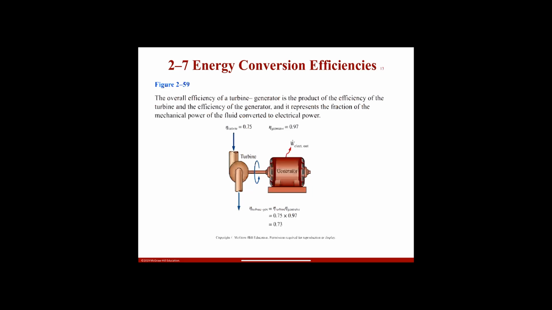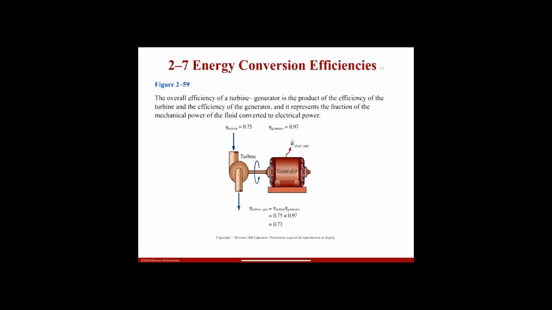Something important, and again, in the book that will be explained in this chapter, but this is just, like I said, an introduction. It's when you have two components connected, and you need to know exactly how much is the efficiency of the whole system, turbine and generator. You're going to have an efficiency for your turbine and an efficiency for your generator.